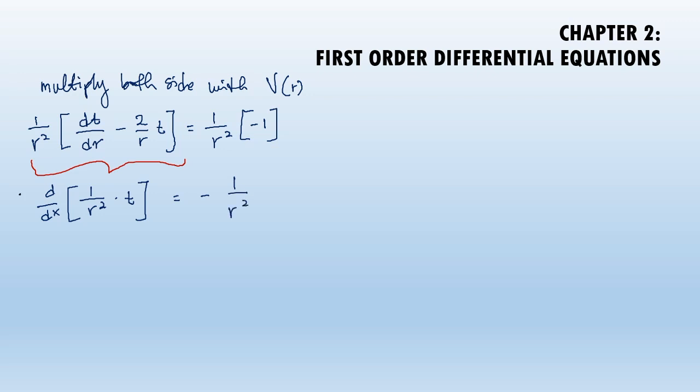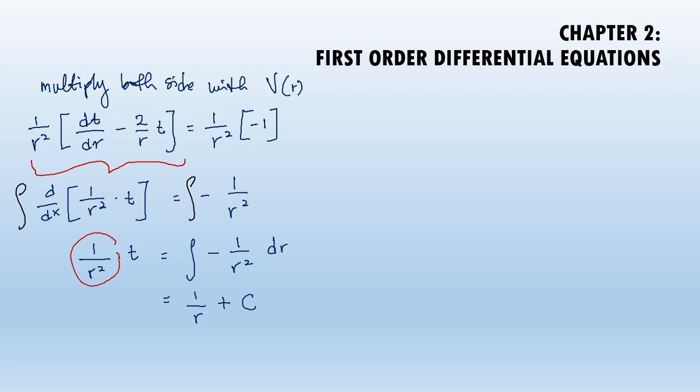And then by integrating both sides, we're going to have 1 over r squared times t equals the integral of negative 1 over r squared dr. So integrating negative 1 over r squared, we're going to have 1 over r plus c.